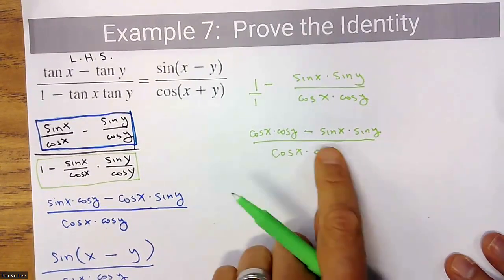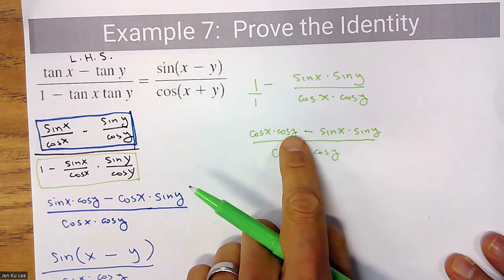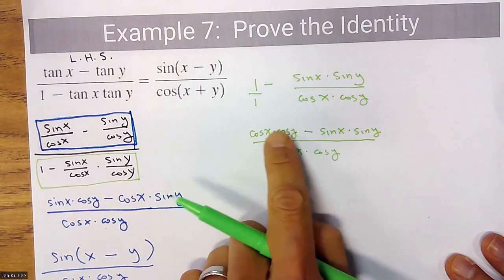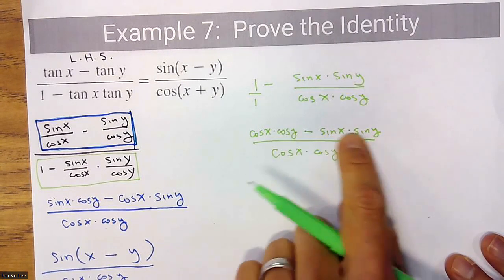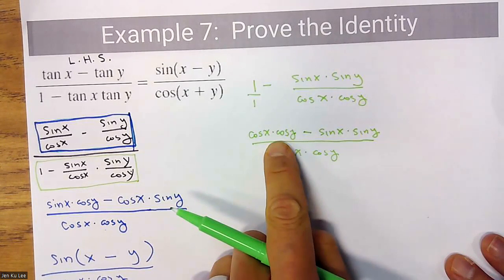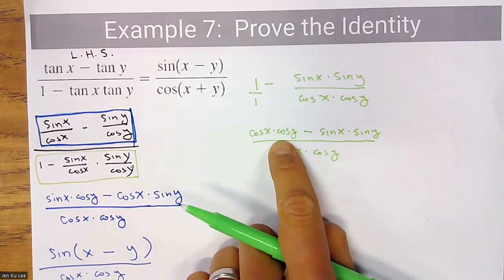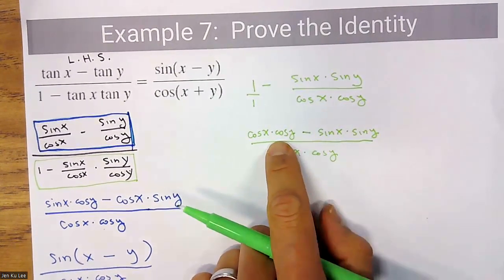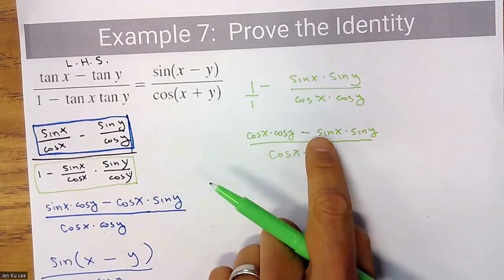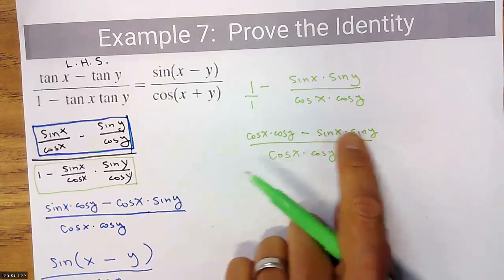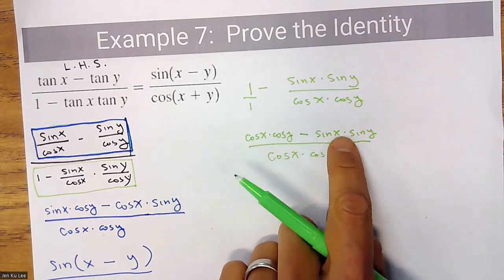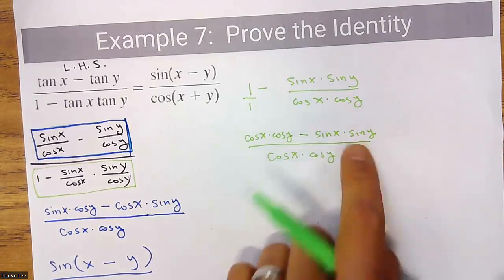So again, I notice here cosine of x, cosine of y, I'm multiplying the two, and there's a minus sign between them, so I'm subtracting those two. It looks like one of those sine, cosine addition, subtraction formulas. So I look at the first letters of each, C, C, S, S, that's crazy cosine switches sine. Those fit. The angle measures are alternating.